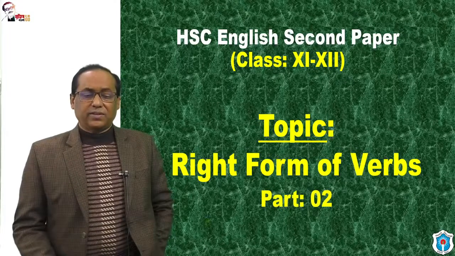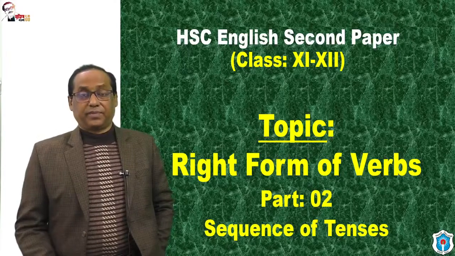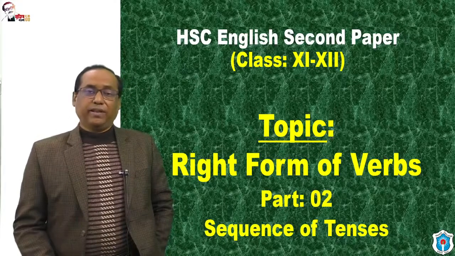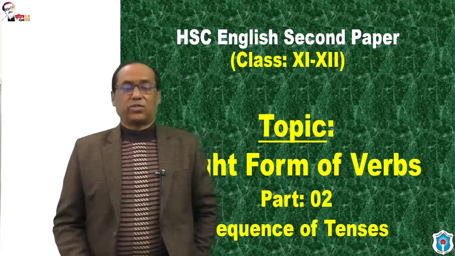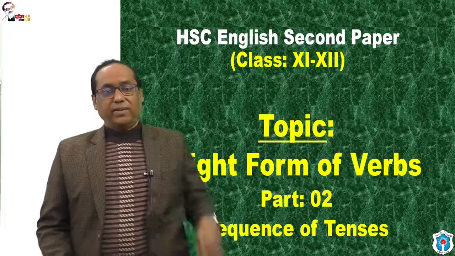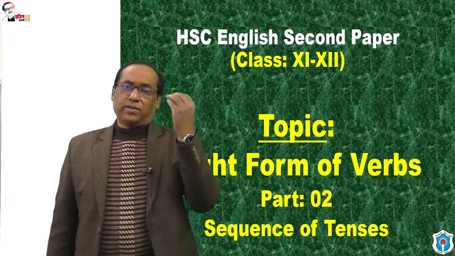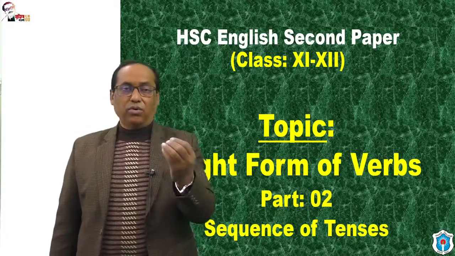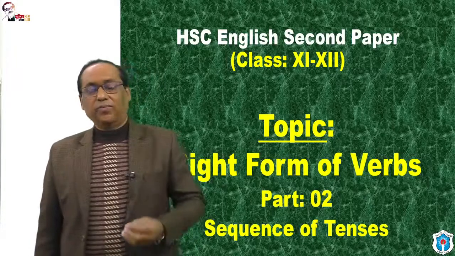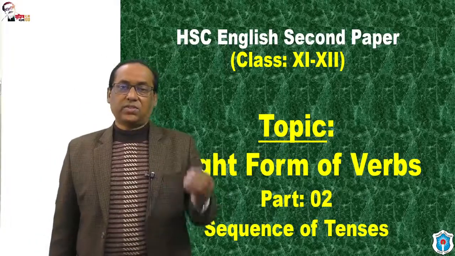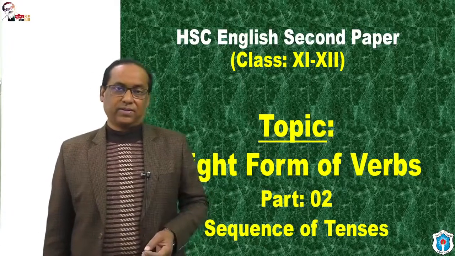Now, what is sequence of tenses? At first, let me focus on the term sequence of tenses. My dear students, to know sequence of tenses, you have to know the three kinds of sentences according to structure, such as simple sentence, compound sentence, and complex sentence.